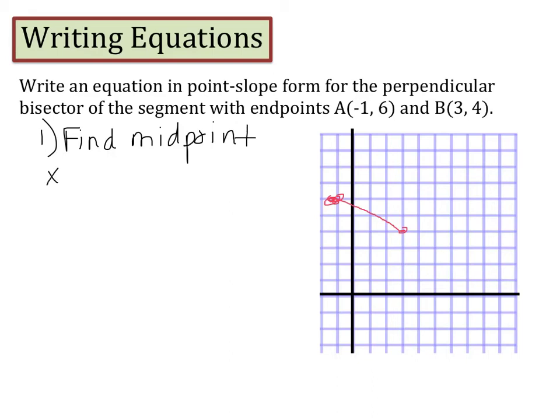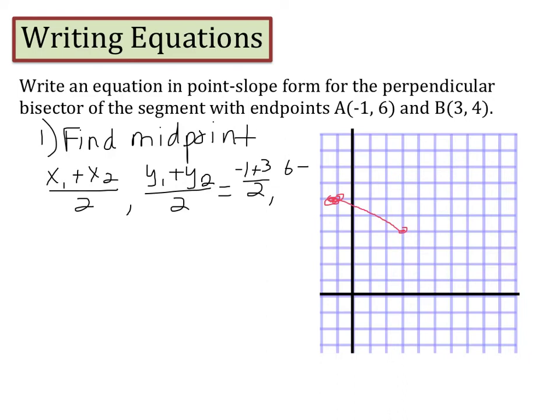So we're taking both x values, adding them together, dividing by 2. Taking both y values, adding them together, and dividing by 2. So for x values we have -1 plus 3 divided by 2, and then we have 6 plus 4 divided by 2. So our midpoint is 1, 5.